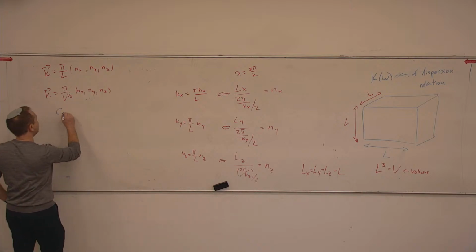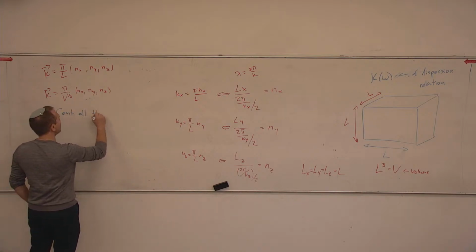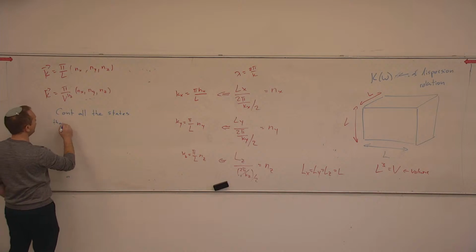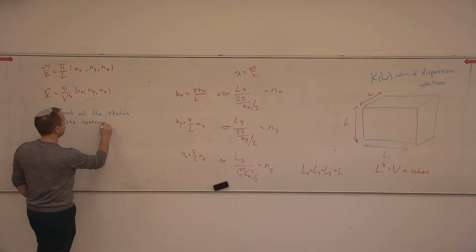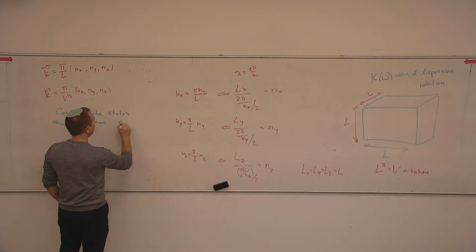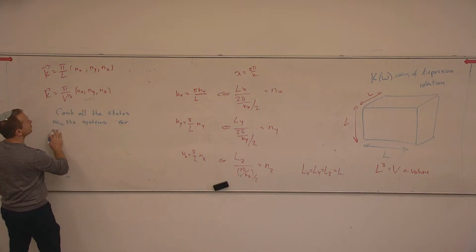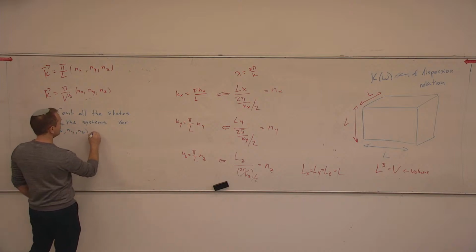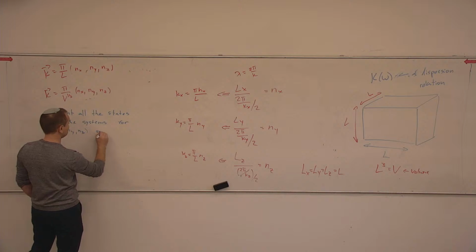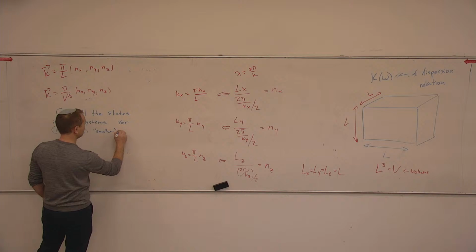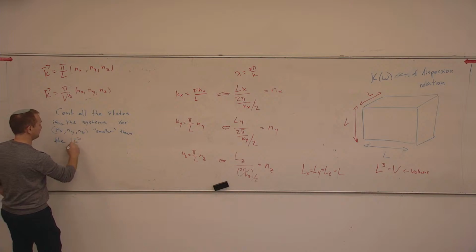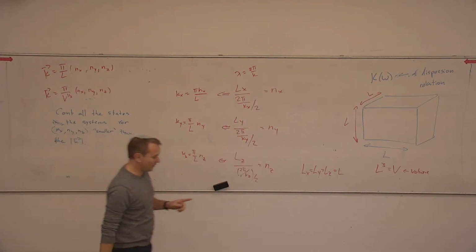Count all the states in the system for nx, ny, and nz smaller than the k vector.